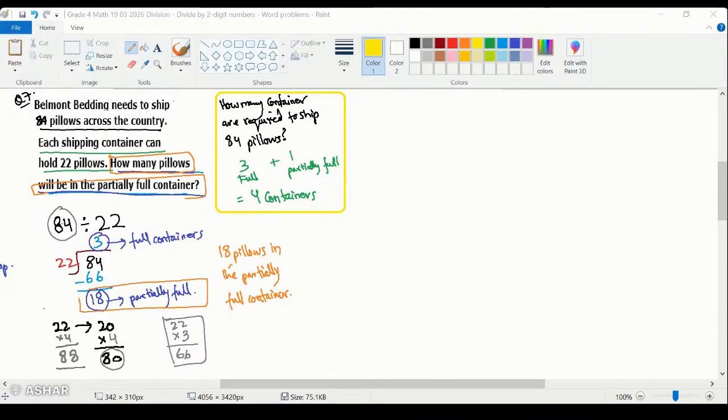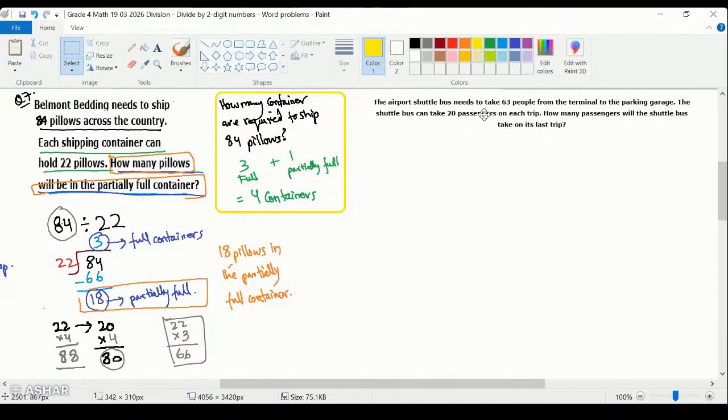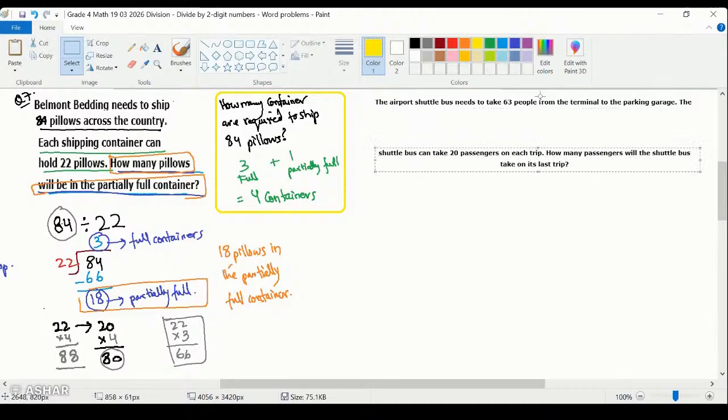Okay, just a minute. Let me realign this. From the terminal to the parking garage.